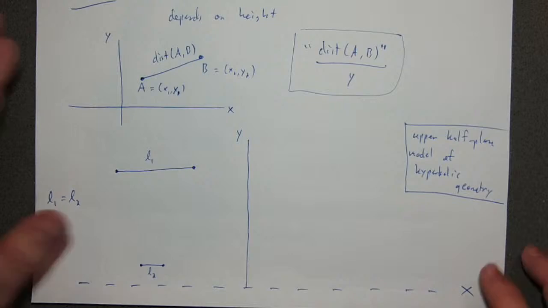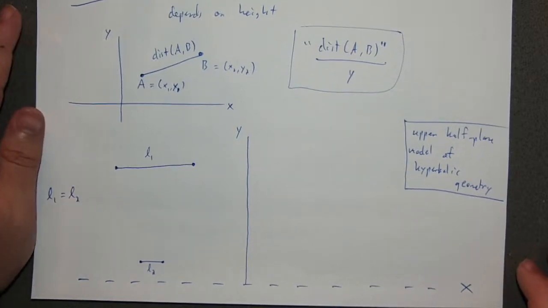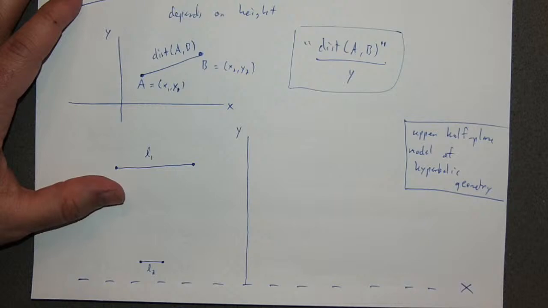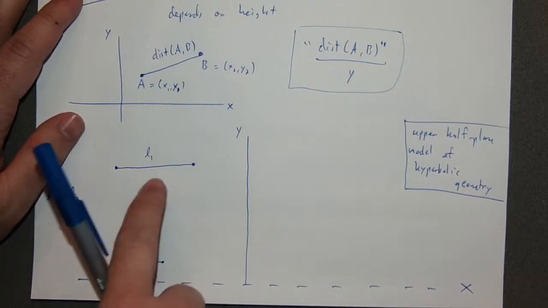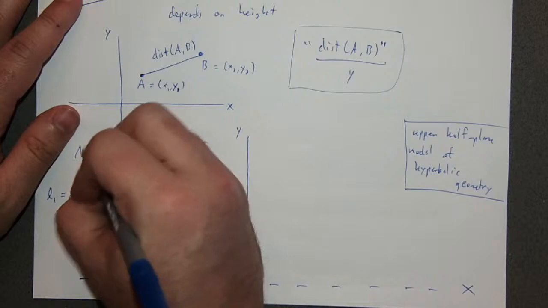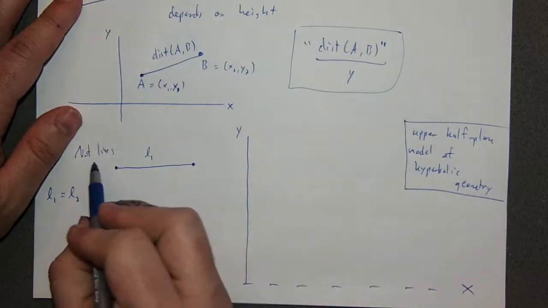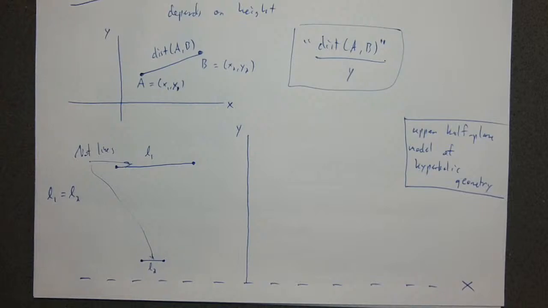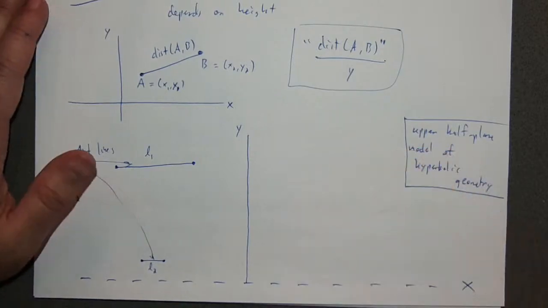So how does this work? Well, the lines look like this. Actually, these are not lines in hyperbolic geometry. We draw them and they look like lines to us, but in this geometry, they're not lines. What do lines look like? What does a line mean?